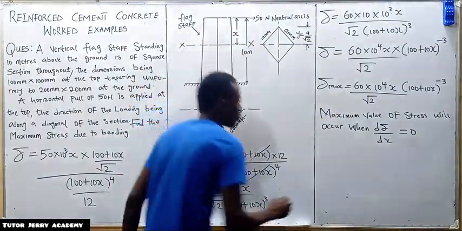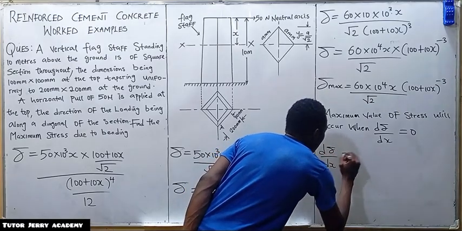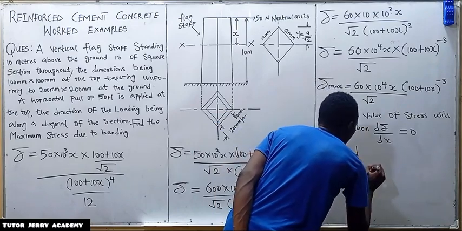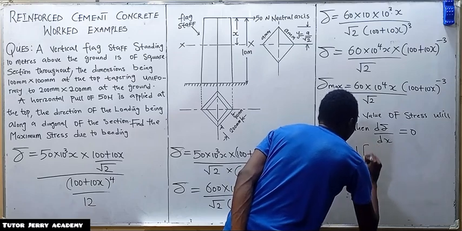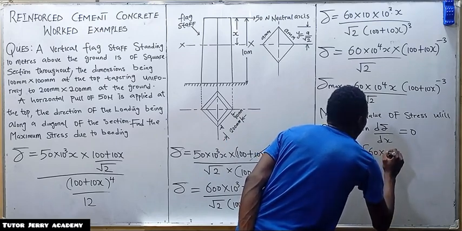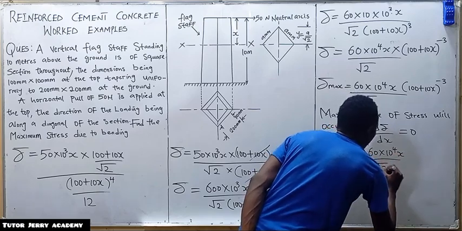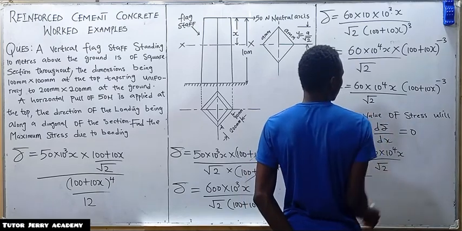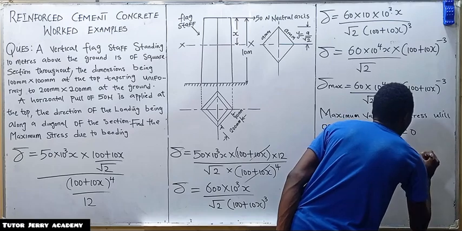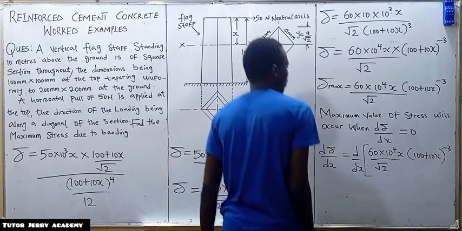So this will be d sigma over dx, which equals d over dx of 60 multiplied by 10 to the power of 4 x over root 2, then we have x into (100 plus 10x) to the power of minus 3.